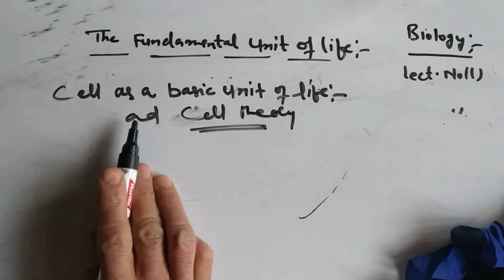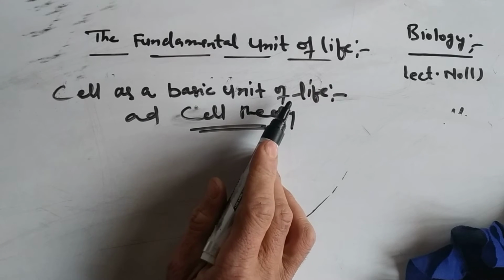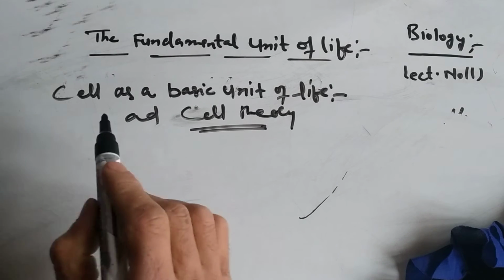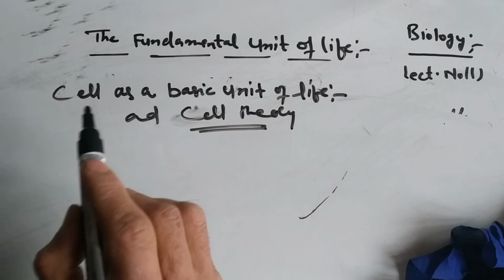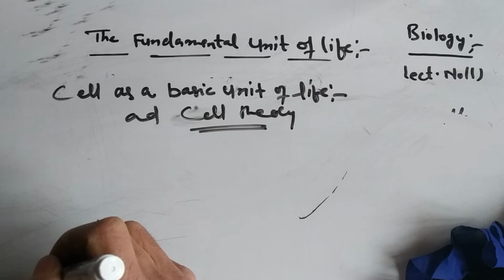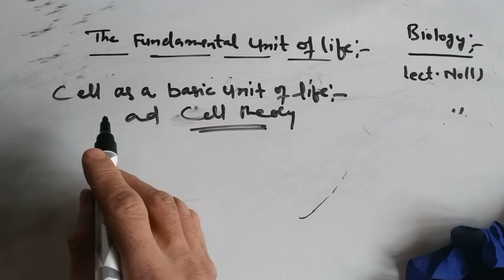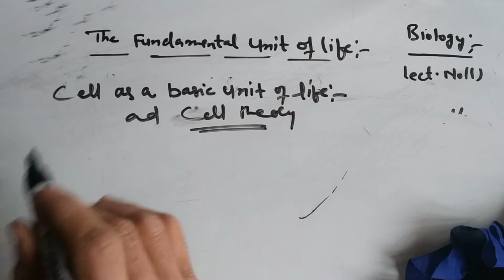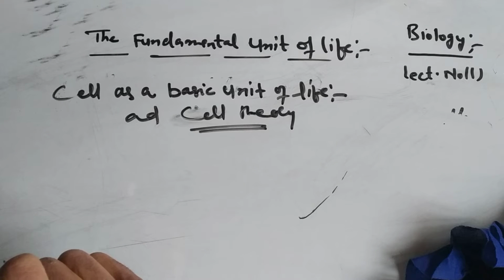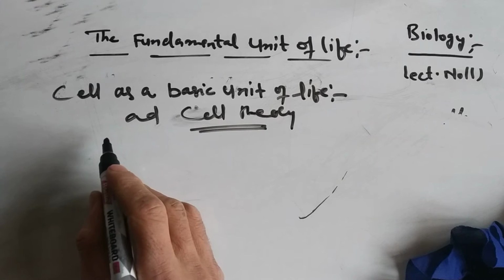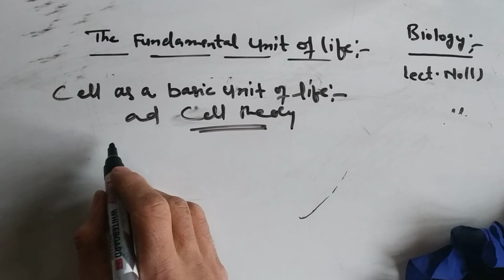Why is the cell considered a basic unit of life? Cell is the fundamental structural unit of living organisms and the basic unit of life. Cell was actually discovered by Robert Hooke in 1665.